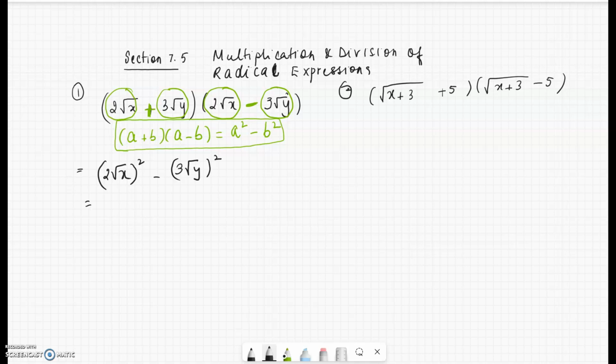So this is equal to square the first, so that is 2 squared radical x squared minus 3 squared radical y squared. So this is equal to 4x minus, so 2 squared is 4, radical x the whole squared is x, 3 squared is 9, radical y the whole squared is y. So your answer is 4x minus 9y.